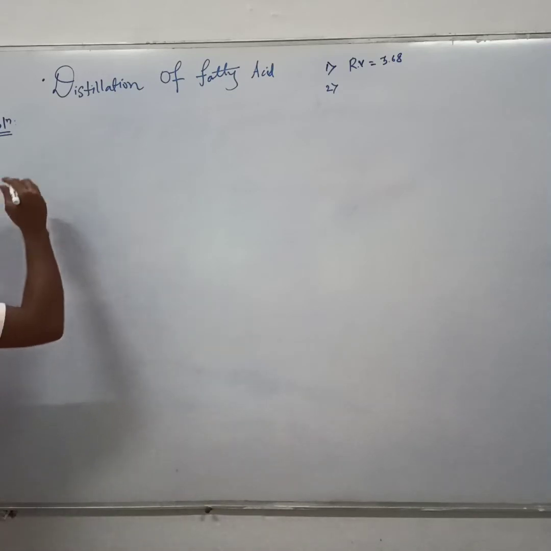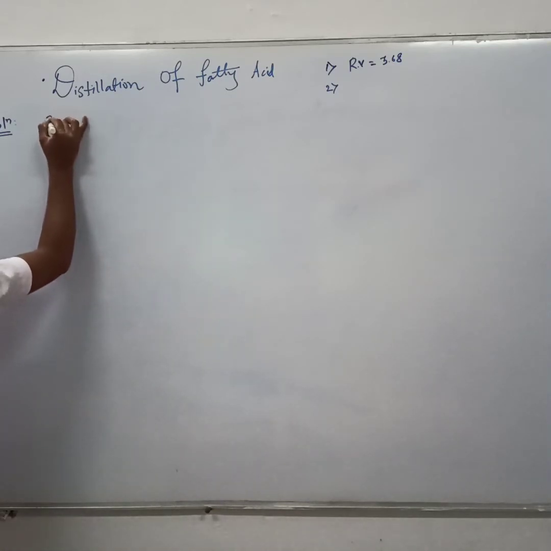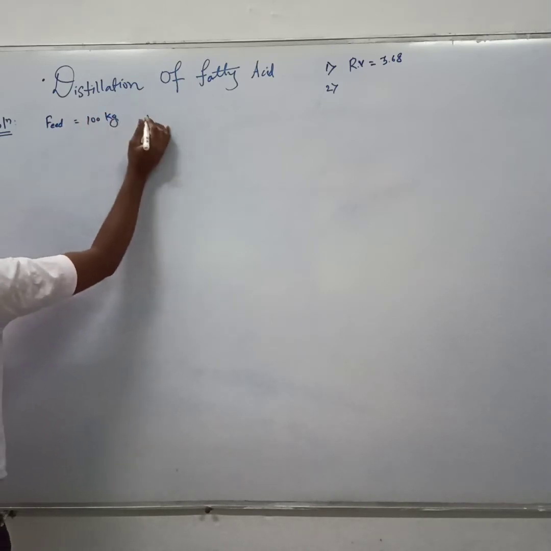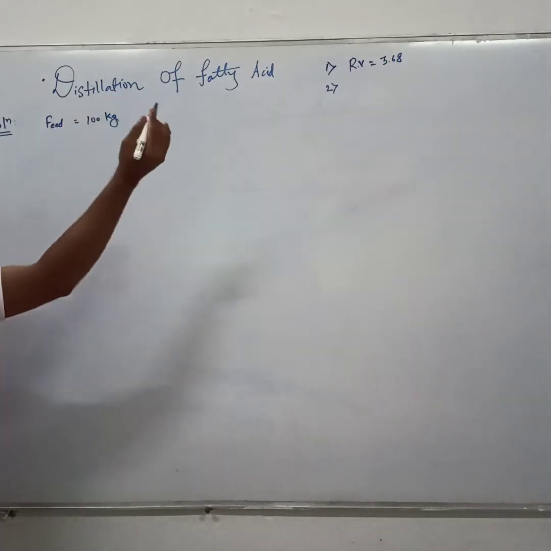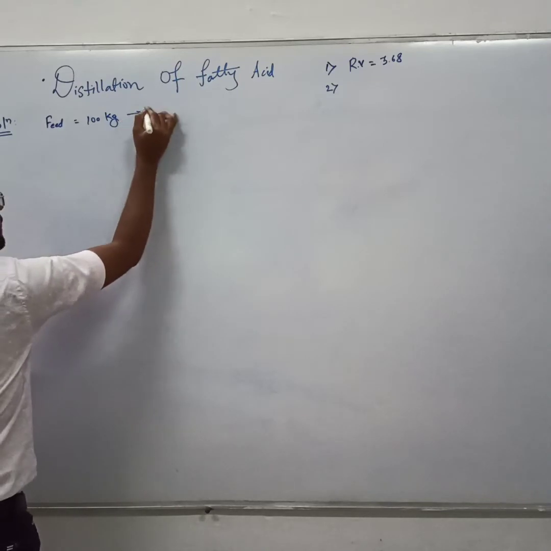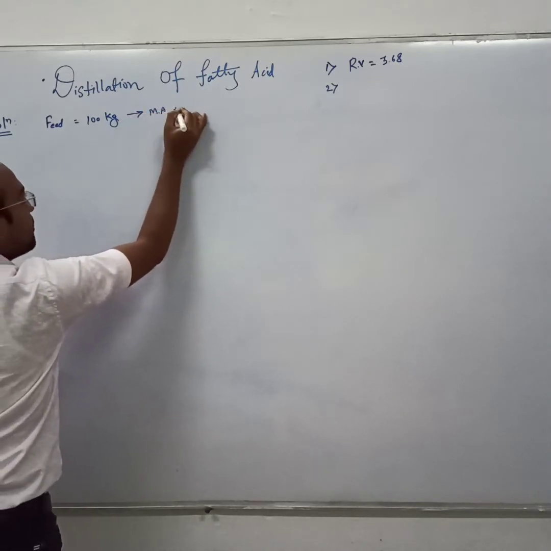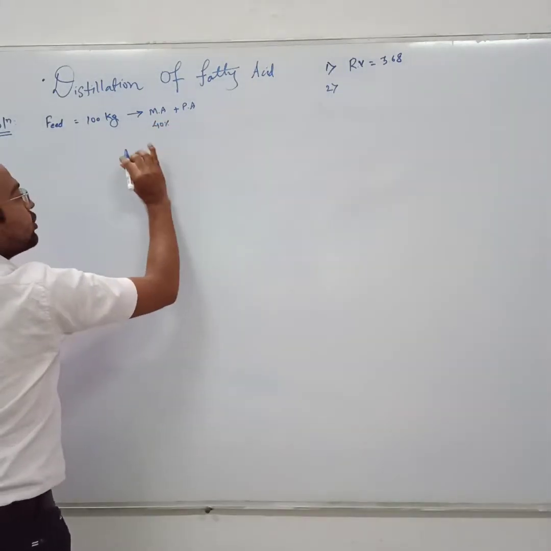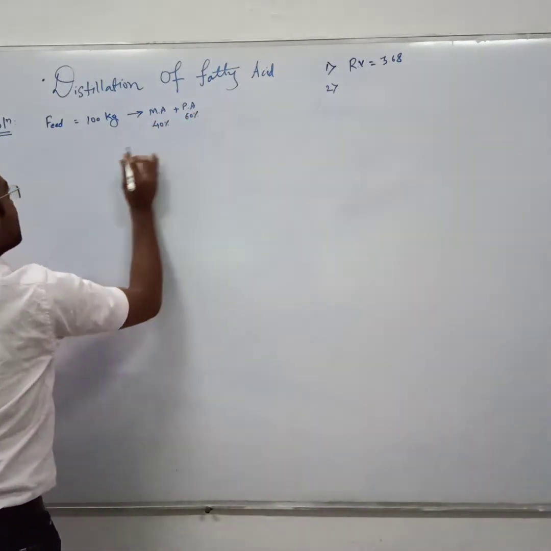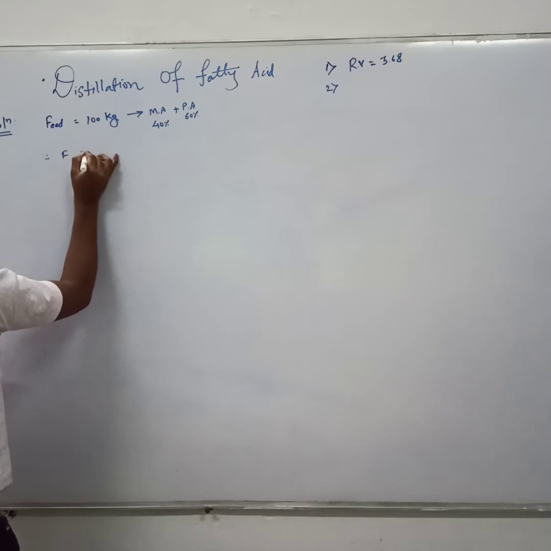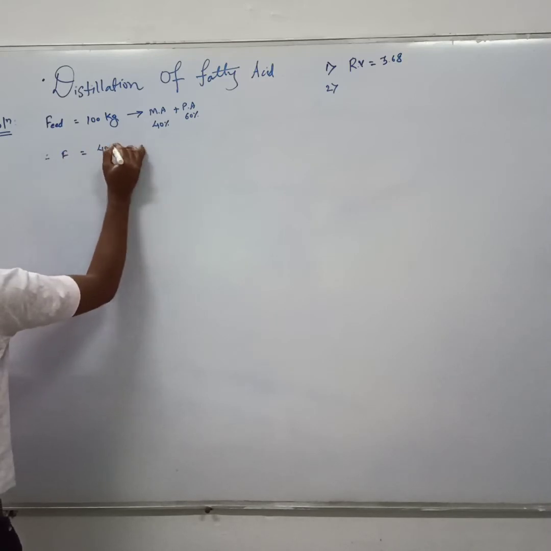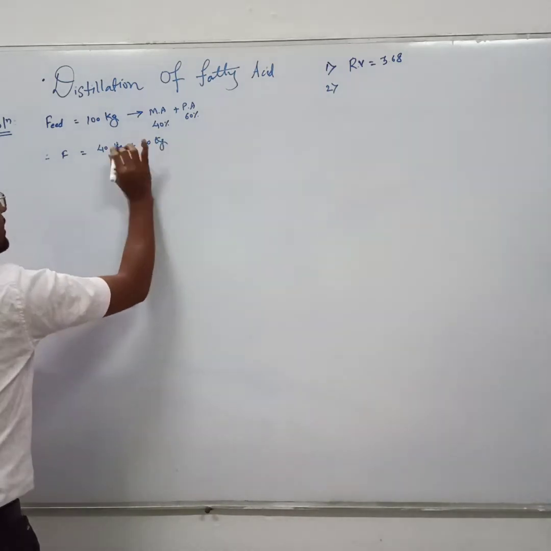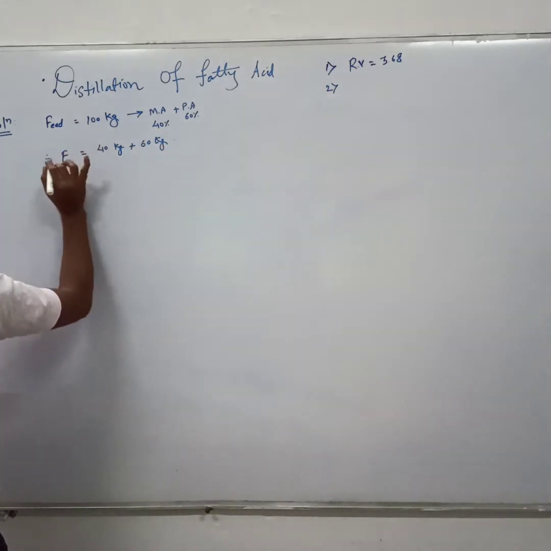We are considering a feed of 100 kg, and our feed is a mixture of myristic acid plus palmitic acid, that is 40% myristic acid and 60% palmitic acid. So our feed equals 40 kg of myristic acid plus 60 kg of palmitic acid. This is all about our feed.